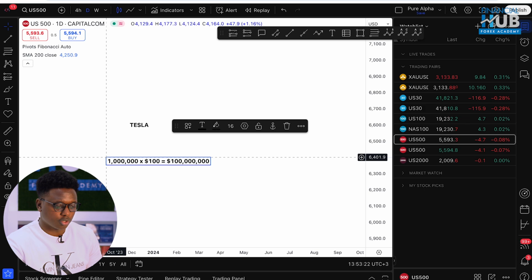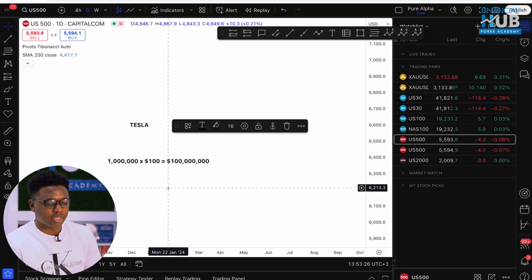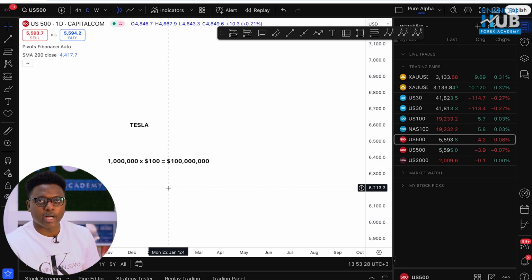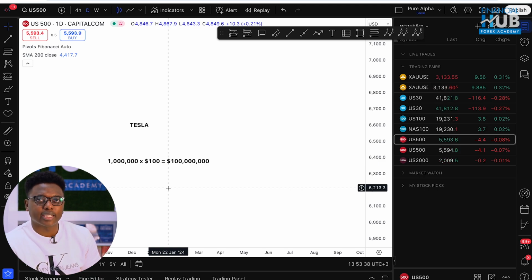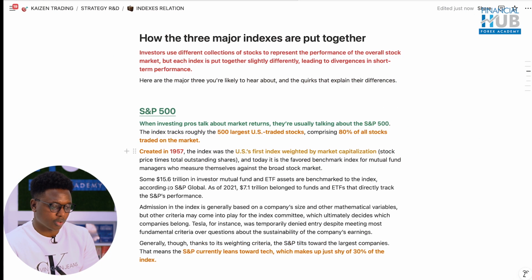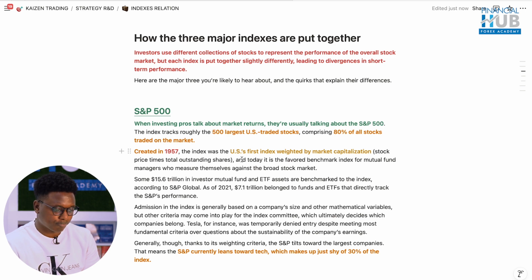If I own 50% of Tesla, it means I own $50 million worth of that company. So I can basically say my net worth is around $50 million if it is directly connected to the Tesla shares. That is what we call market cap.